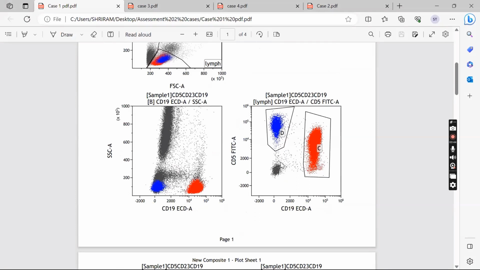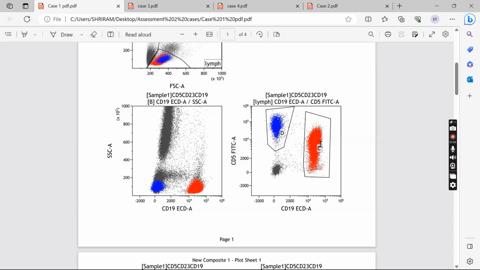Then you select the viability gate, excluding the population with low forward scatter and side scatter, which are debris. And then once you select the viable population, you look at side scatter CD45, which I've not shown here, but still. So side scatter CD19 shows a B cell population.